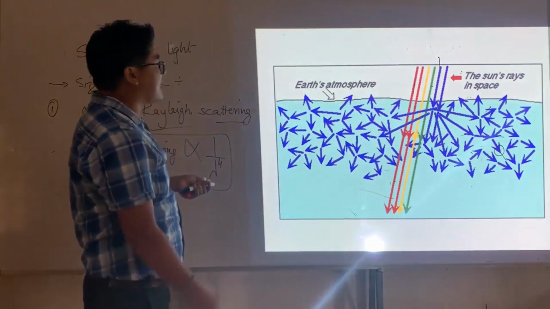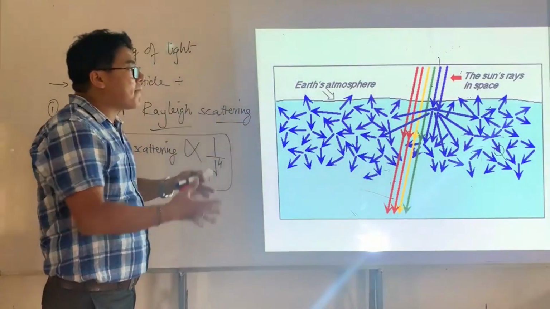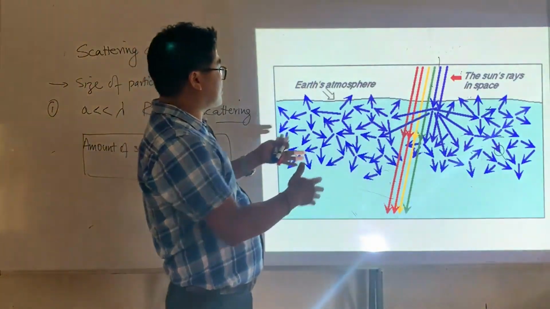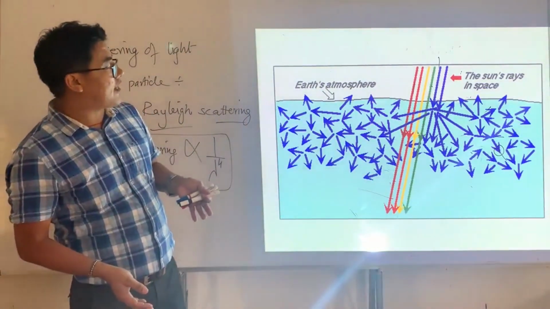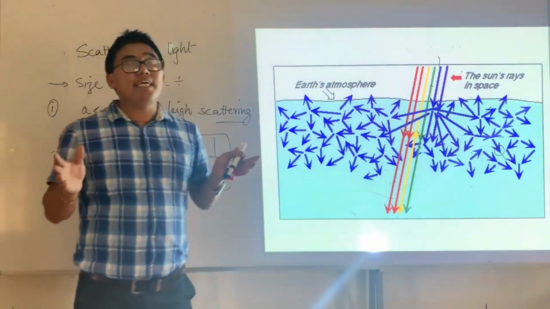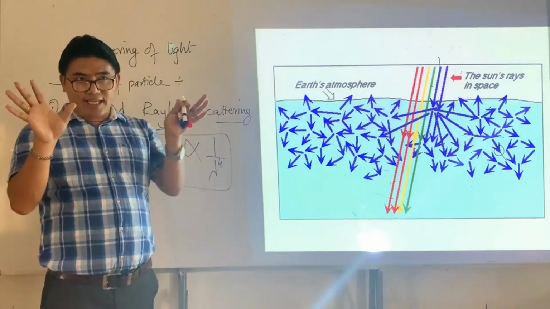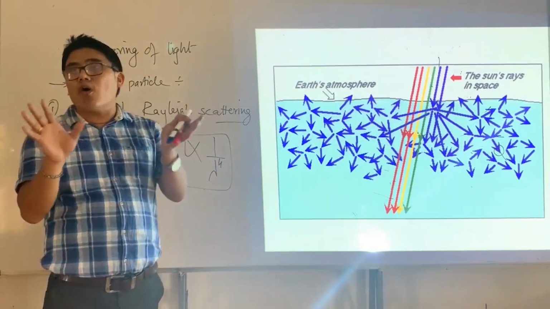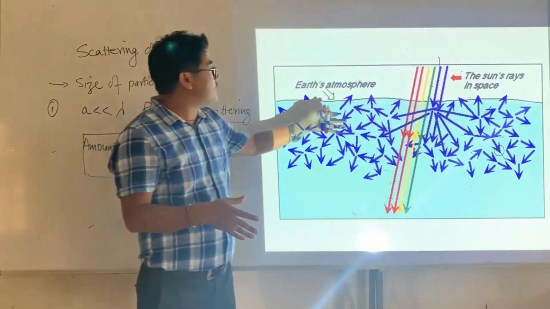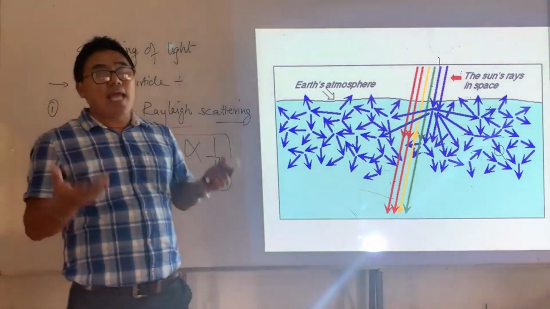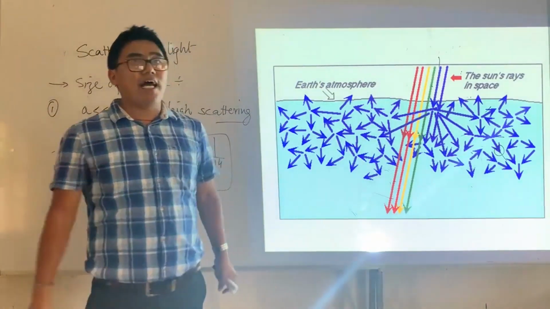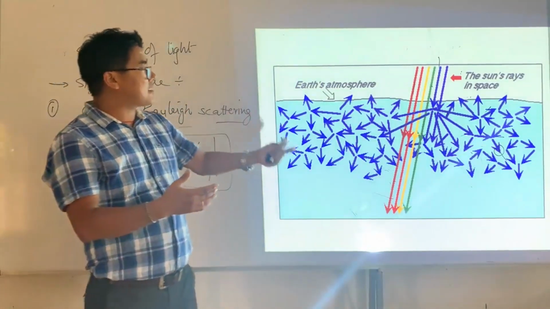So what you see is the maximum scattering of the blue light. Therefore you would see a bluish sky. Why does the sky appear blue? Because the wavelength of blue is less compared to all other colors.